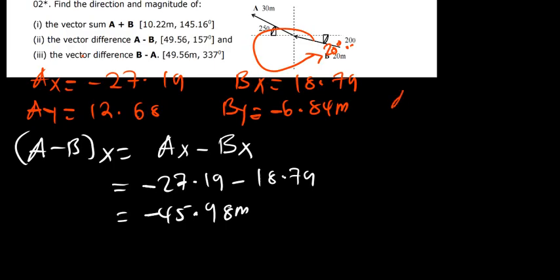I'll do the same for the y component. It will be a minus b, now the y component: ay minus by. If we're dealing with minus, you put minus; if you're dealing with plus, you put plus.